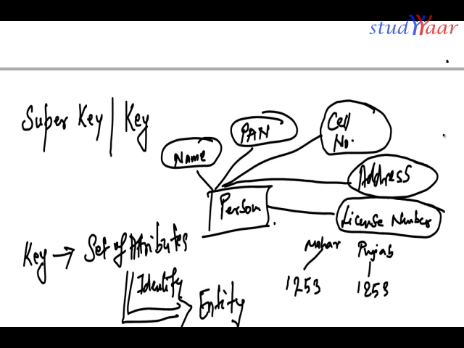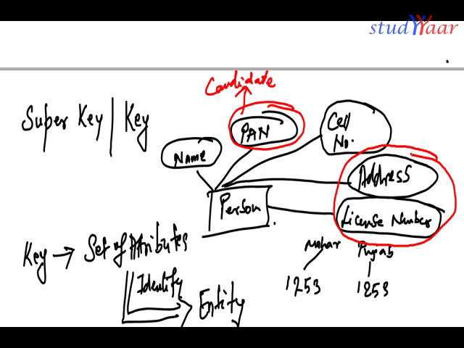So in this case, this is a candidate key. PAN number, obviously I told you it is unique. In India it's going to be unique. And this combination is also unique for a person. This is also a candidate key.